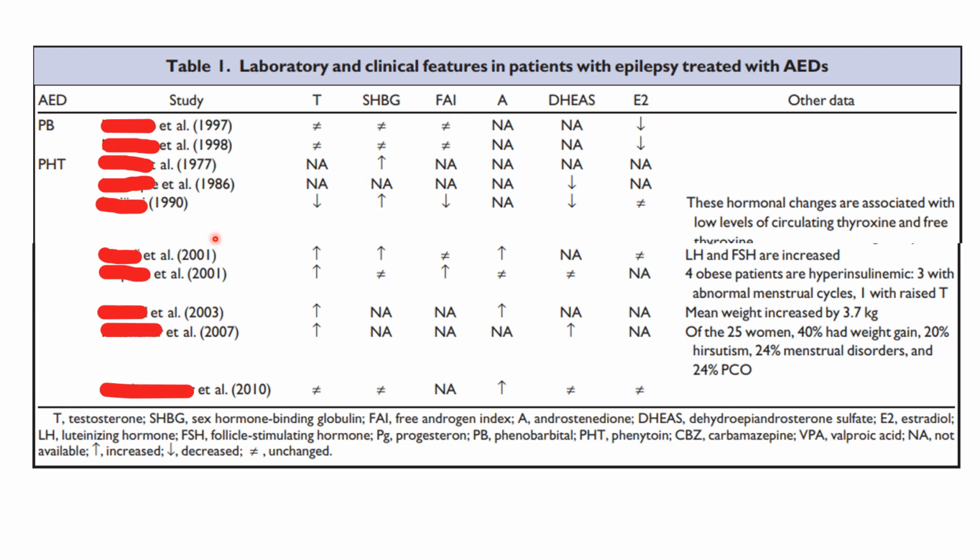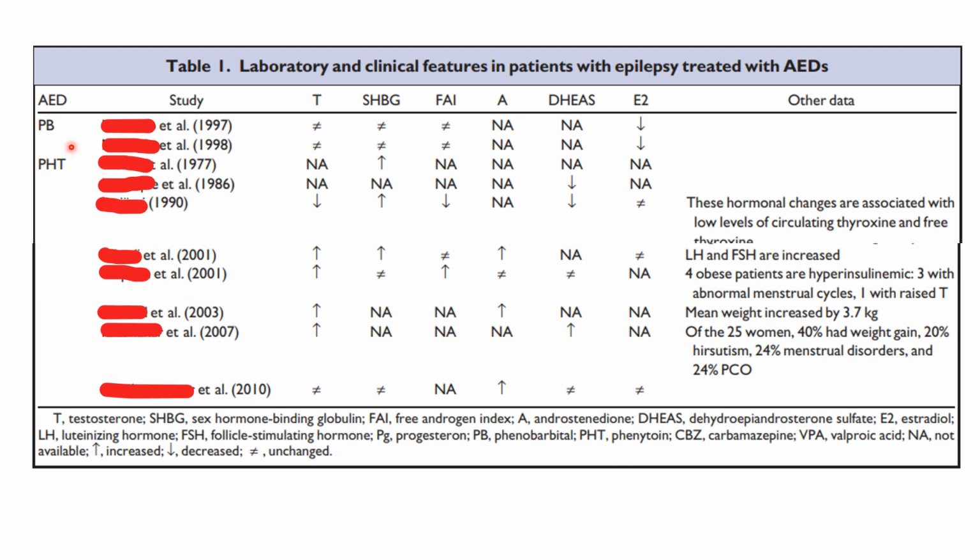So in this particular table, what the author has done is that they have looked at two drugs. They have looked at PB, which stands for phenobarbital, and PHT, which stands for phenytoin.